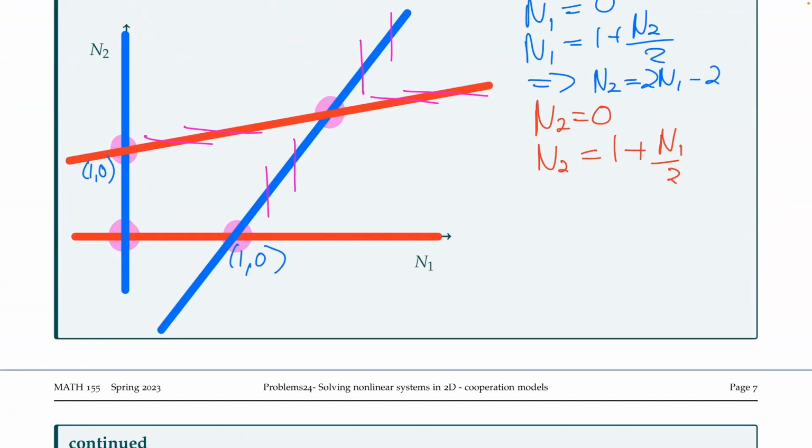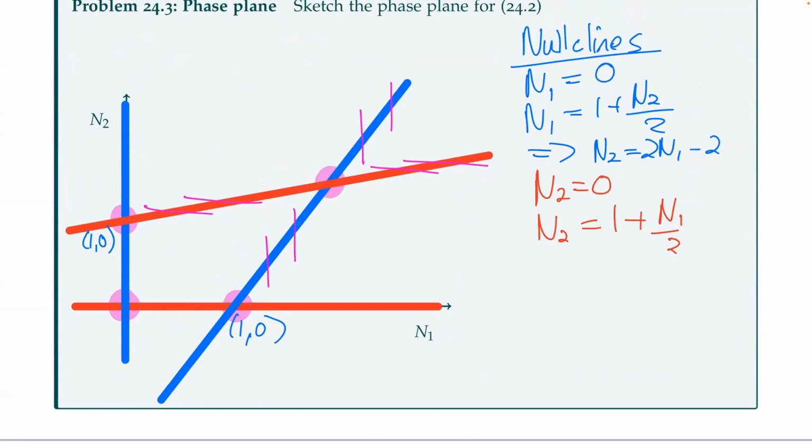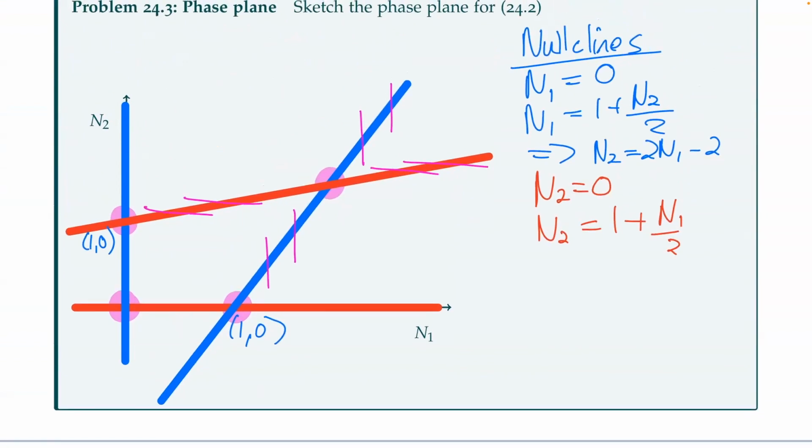So whenever we're doing this direction field, we're looking on our null lines, and we're actually going to be looking at n1 is equal to 0. So we're going to be looking at this one and this one first. What we're doing is we're saying, okay, I'm stood at, say, a point on this null line here. I know that I can't be moving left or right because dn1 dt is equal to 0.